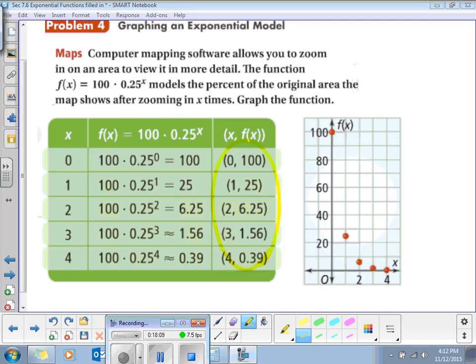You're going to graph 0, 100. So that's the 100% mark. We've got 1, 25, 2, 6.25, 3, 1.56, and 4, 0.39. Please notice that we're going to get closer and closer to the x-axis, but we're not theoretically going to touch the x-axis at all. And that's it.